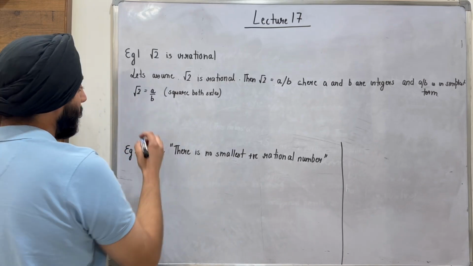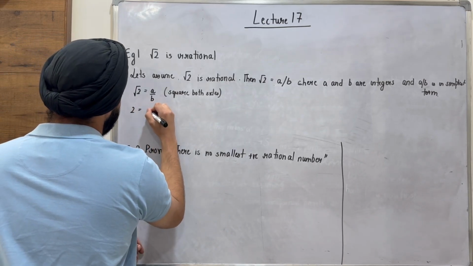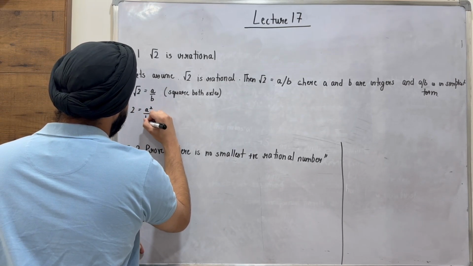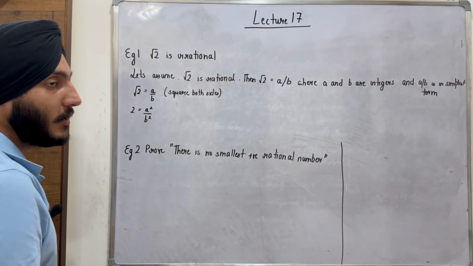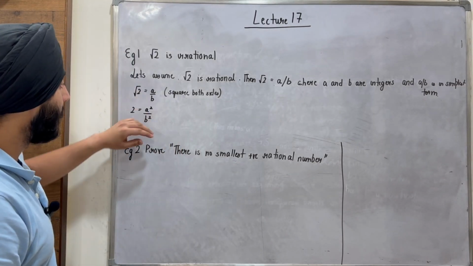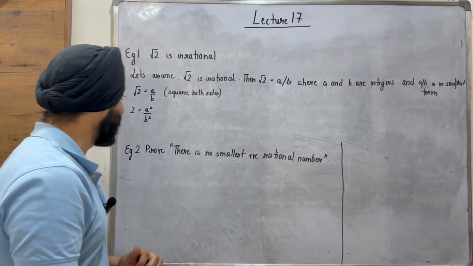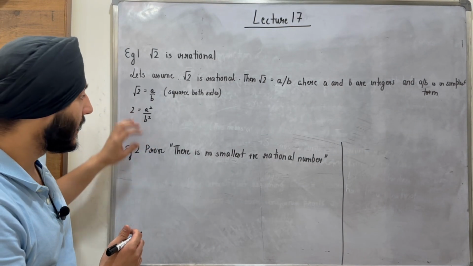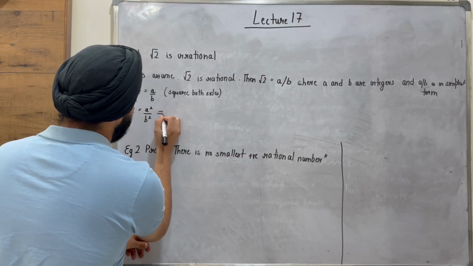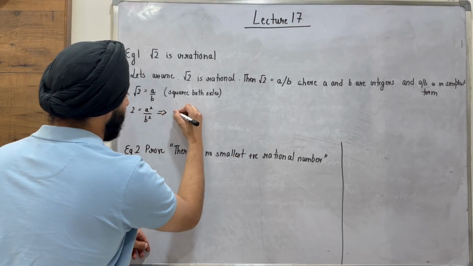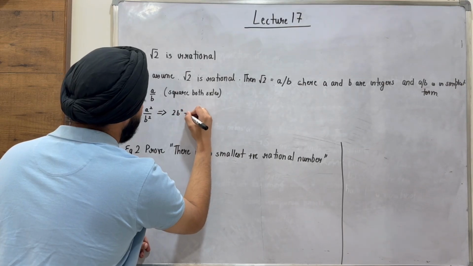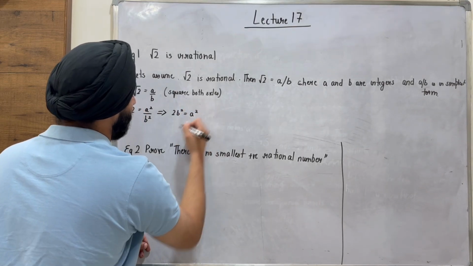Squaring both the sides, what I get is 2 is equal to a square divided by b square, right? Now take a look at what I'm going to do with this equation, right? What I can do is I can take this b square to the other side, which gives me 2b square is equal to a square. Okay.